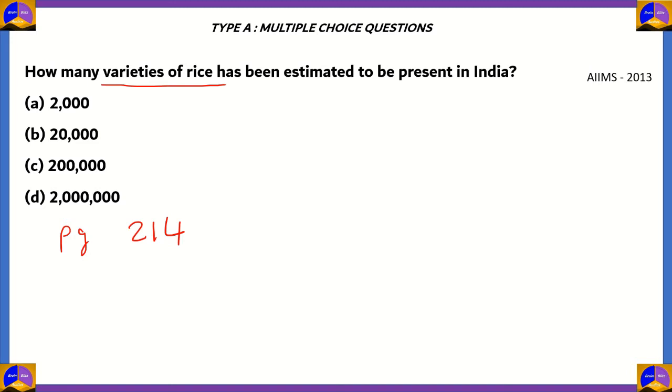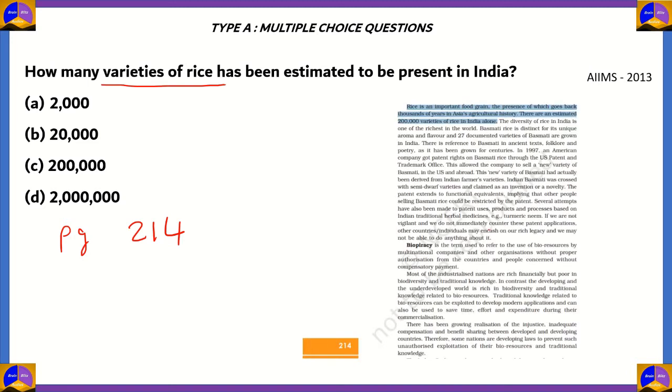Again, if you are doubting my word, then here is the actual page, a screenshot of it, so you can see rice is an important food grain, the presence of which goes back thousands of years in Asia's agricultural history. There are an estimated 200,000 varieties of rice in India alone. So according to this extract, the right option is option C, 200,000. Option D, B, and A are incorrect because these are incorrect values according to the extract in the textbook.